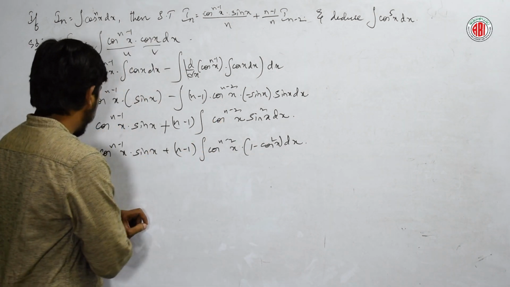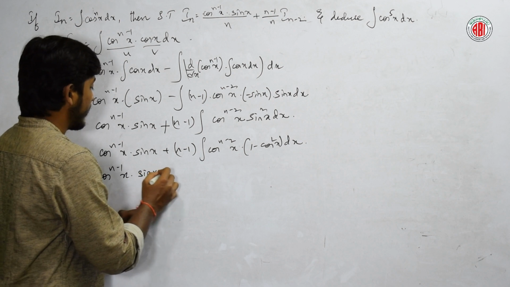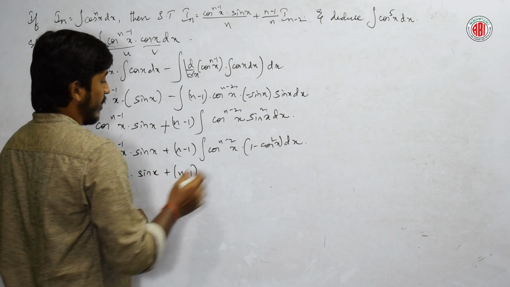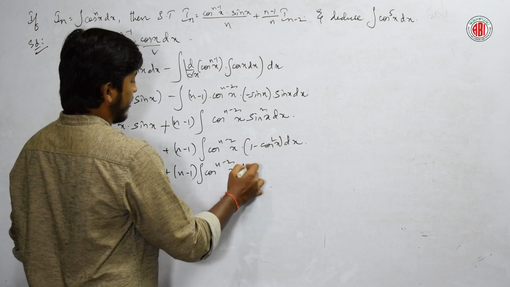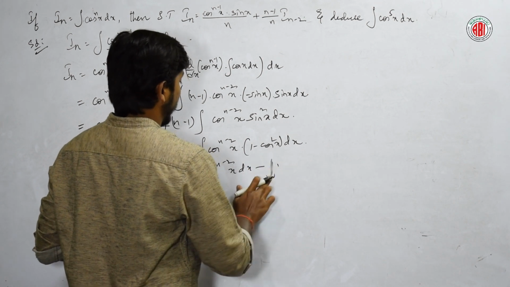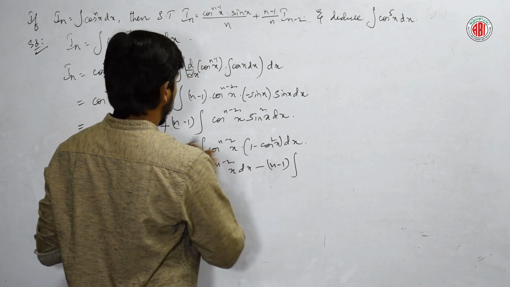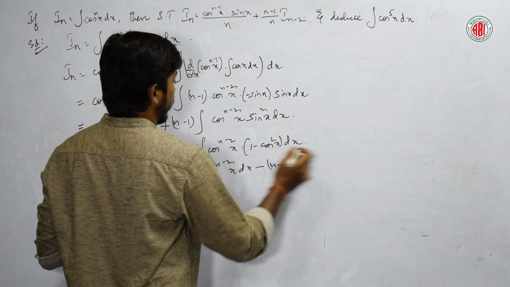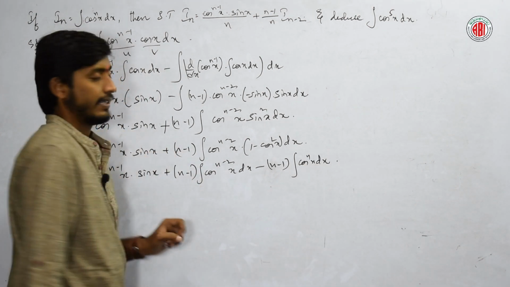So, what do we get? cos^(n-1)x into sin x plus (n-1) into integral cos^(n-2)x dx minus (n-1) into integral cos^(n-2) into cos², that is cos^n x dx.